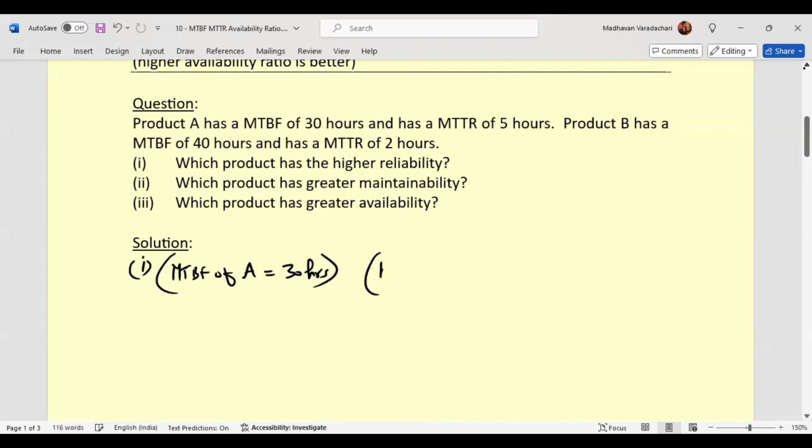And then MTBF of product B is given as 40 hours. So this is lesser. Whichever has the higher MTBF, that is more reliable. Therefore, product B has higher reliability.